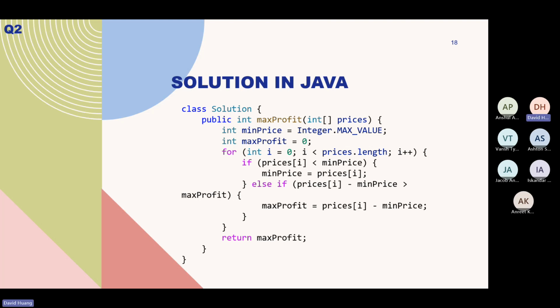So we set max profit to 0 because 0 can also be replaced by any max profit in this solution. And we go through the loop. It's the normal loop. You start at index 1, and then you check if the price i is smaller than min price.